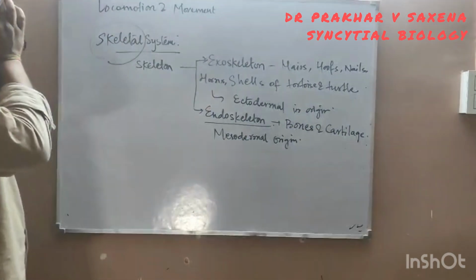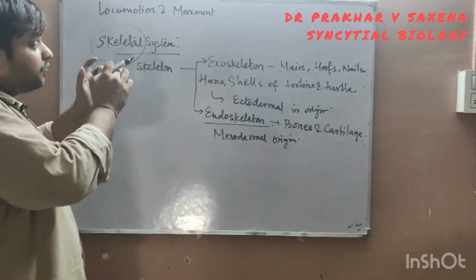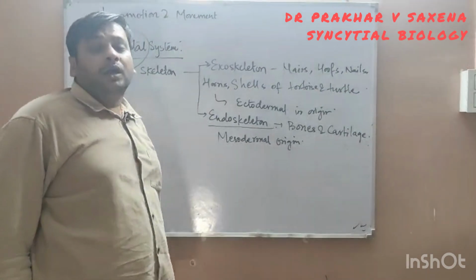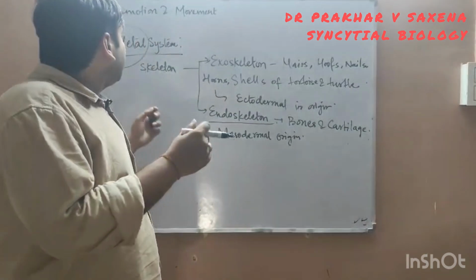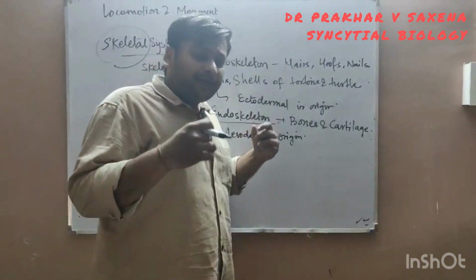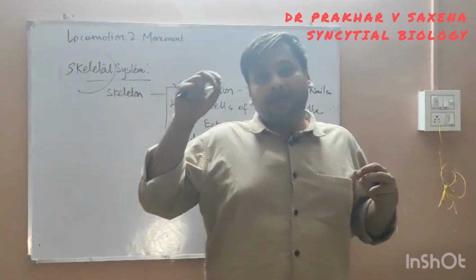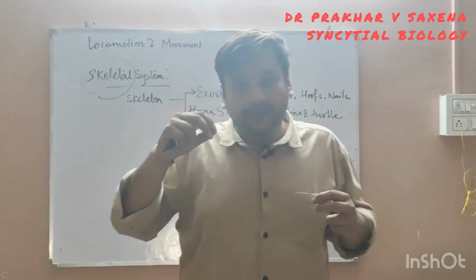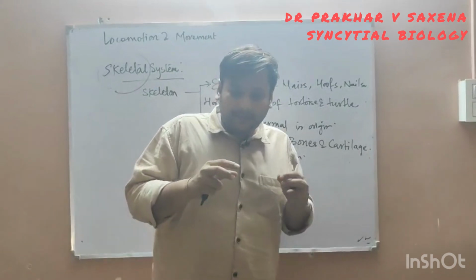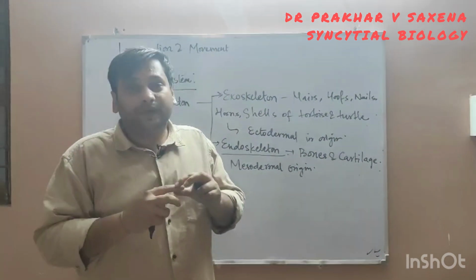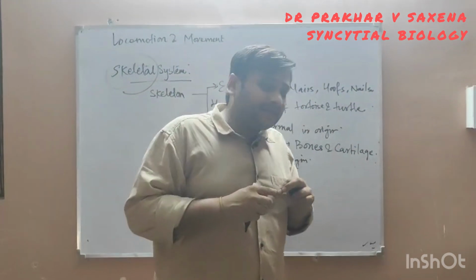Now that we know skeleton is of two types, exoskeleton and endoskeleton, in the human skeletal system we mainly study what? Endoskeleton. In this chapter, we won't be studying the structure of hair, nor the nail or nail bed, from where the nail arises.